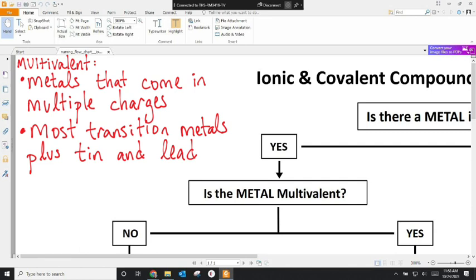Group 1 and Group 2 are not multivalent because they always only have one charge. There's a few transition metals that are also not multivalent.